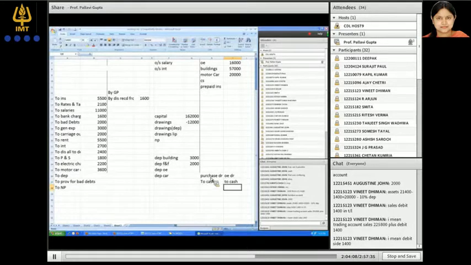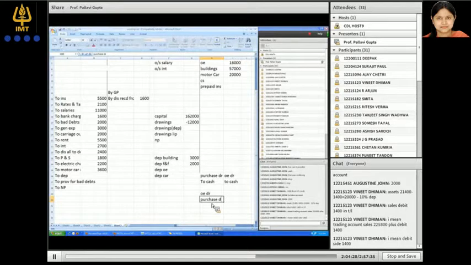But here I have unnecessarily debited my purchase account and I have not at all debited my office equipment account. So the rectifying entry would be office equipment debit to purchases.